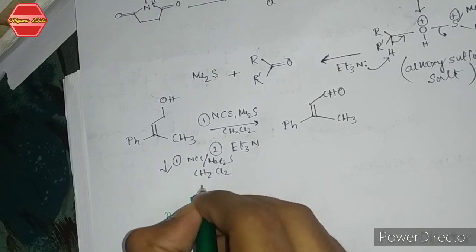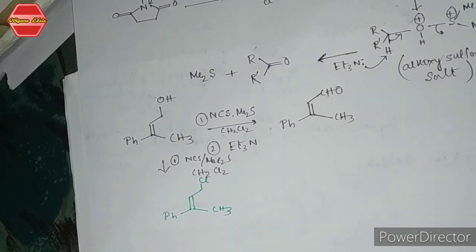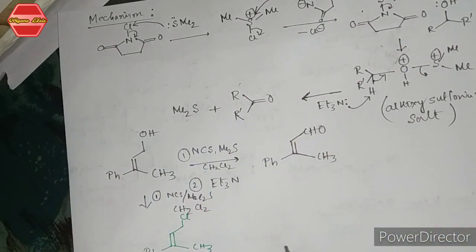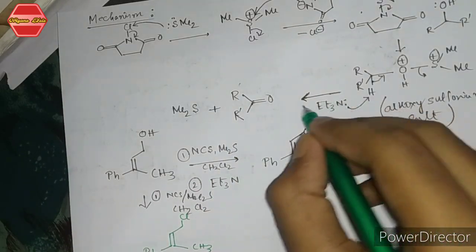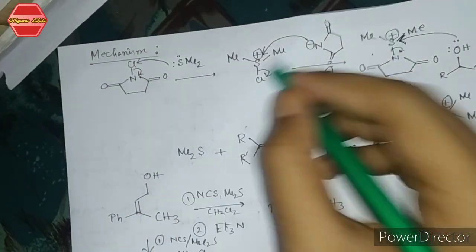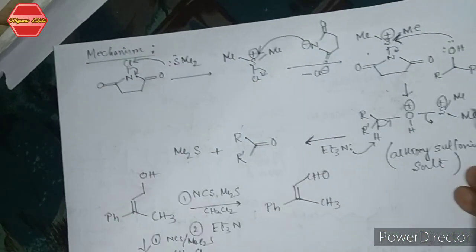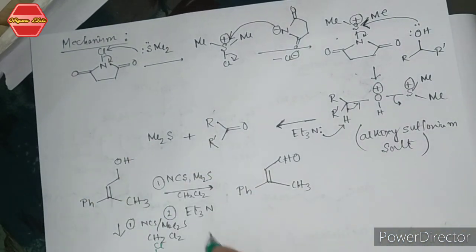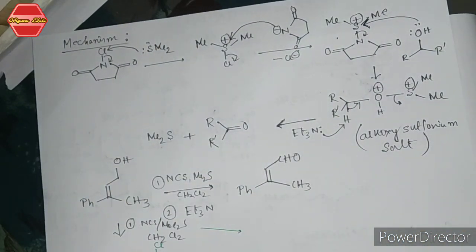Okay, now this is a Cl. Now see, this is the product. Now how will this product occur? Before the reaction of NCS and Me2S, your product is the alkoxy sulfonium salt. Now here also there is a formation of this alkoxy sulfonium salt.